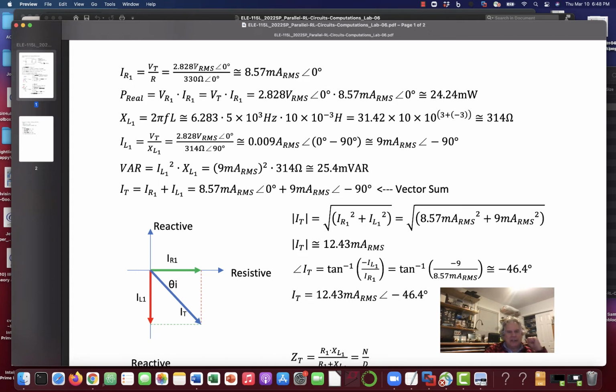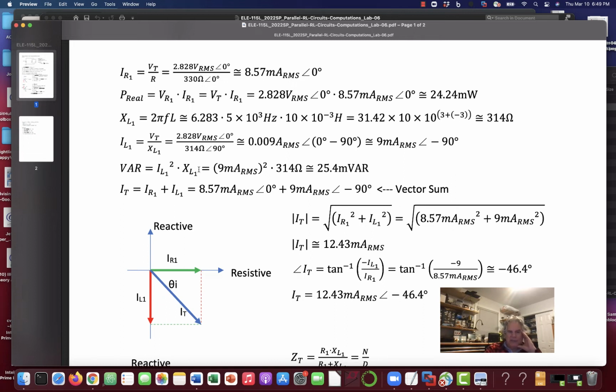And let's see, how would that work out? So I'd get, it's almost 3 times 9 would be 27, so 25.4 seems valid. So we could have calculated that two ways. We could have taken VL1, which is the same as V total in this parallel circuit, times IL1.